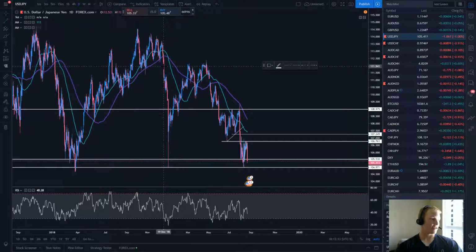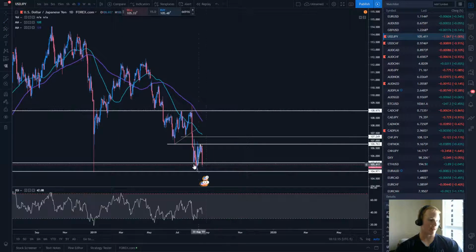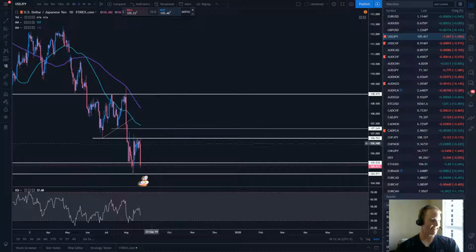Okay. U.S. dollar, Japanese yen. Sorry, let me clean this up because I have all these messy drawings from intraday trading. Okay, here.